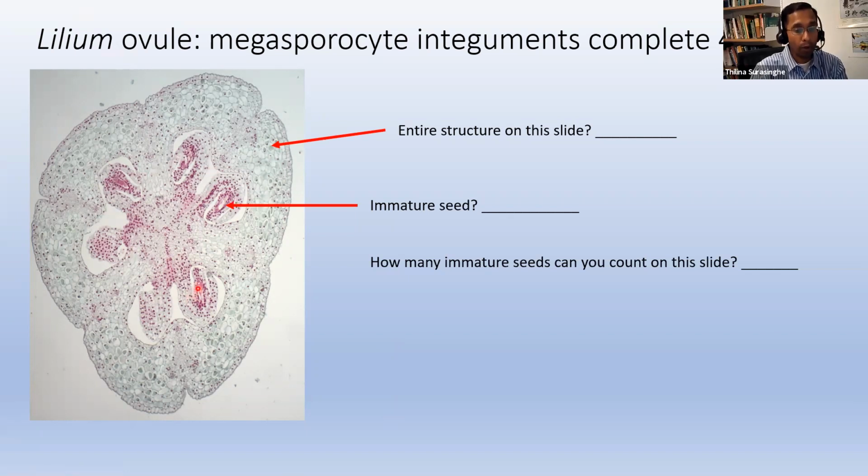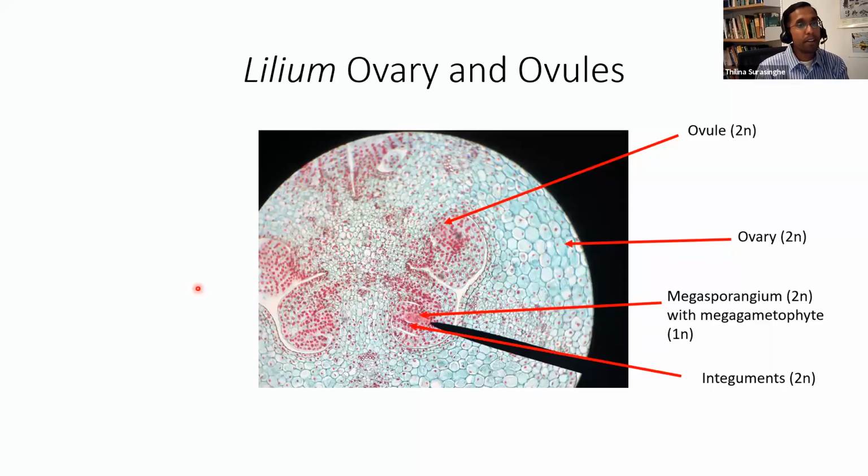Each carpel or each locule has 2 ovules. Each ovule has a single cell that can go fertilized. So in that case, you have 6 ovules, so 6 seeds, of course.